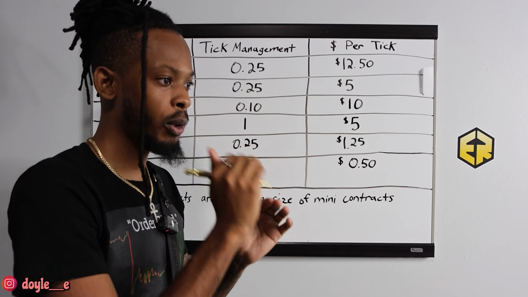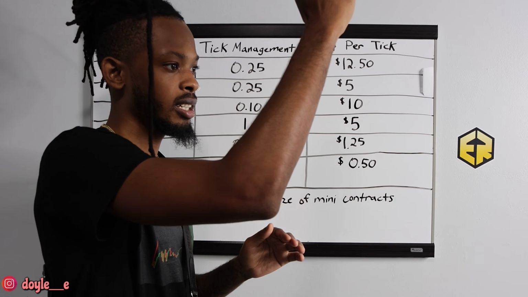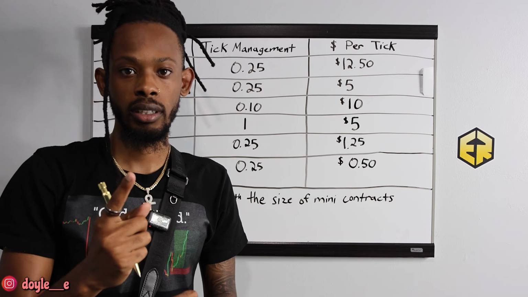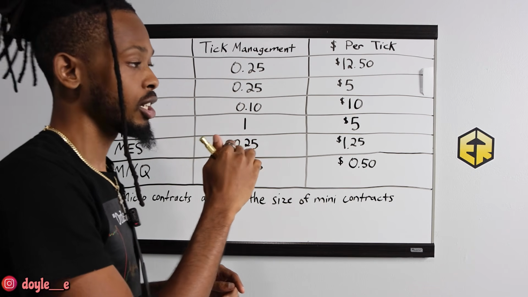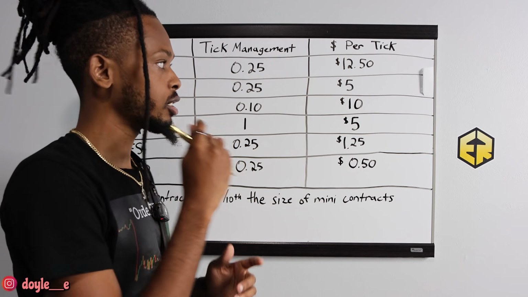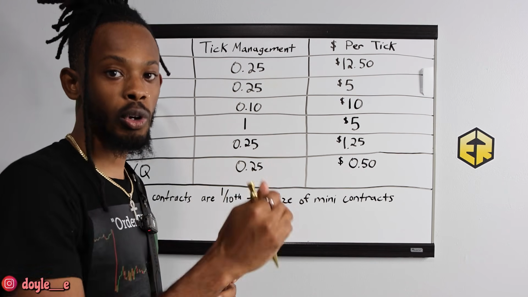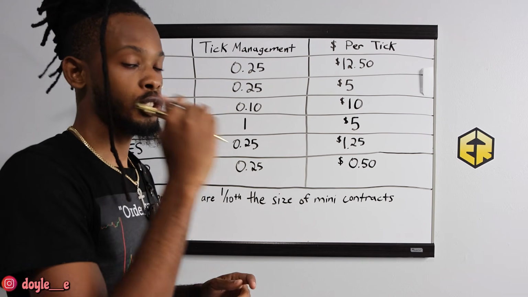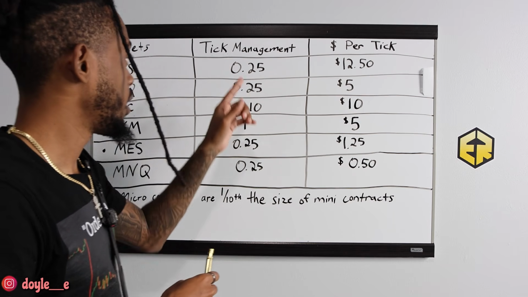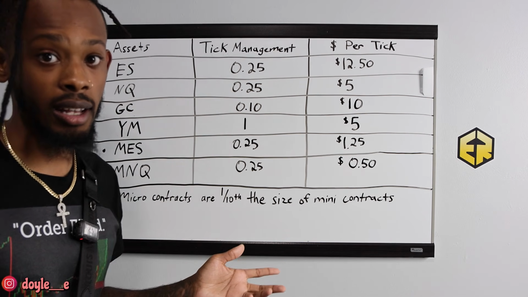Each tick would be 0.25, 0.50, 0.75, 1 point. So every single tick, $12.50. Another tick, $12.50. Another tick, $12.50. Now another tick, $12.50. Now we're at 1 point. So 4 times a quarter will be $1.